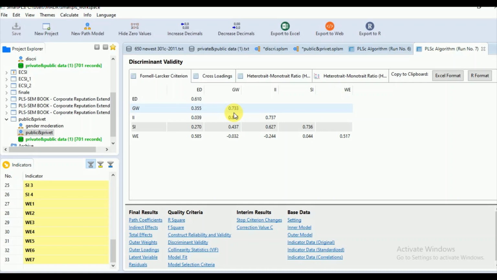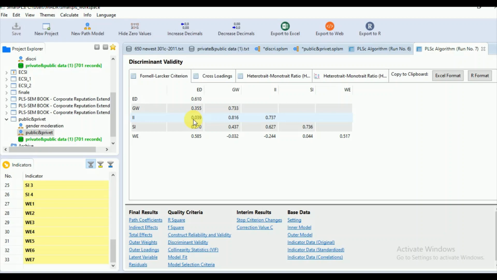But research indicates that this matrix, the Fornell-Larcker criterion, is not suitable for discriminant validity assessment. Henseler et al. (2015) show that the Fornell-Larcker criterion does not perform well, particularly when the indicator loadings on the construct differ only slightly, for example, when all the indicator loadings are between 0.65 and 0.85.